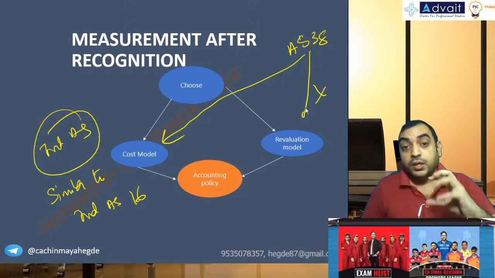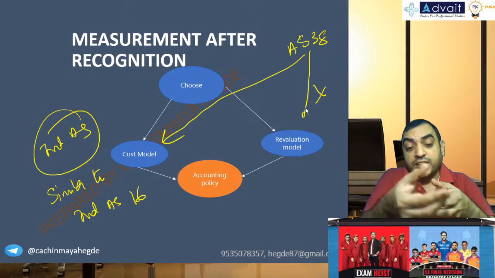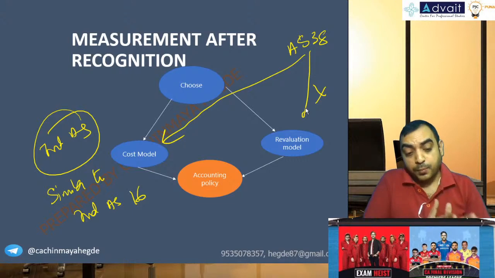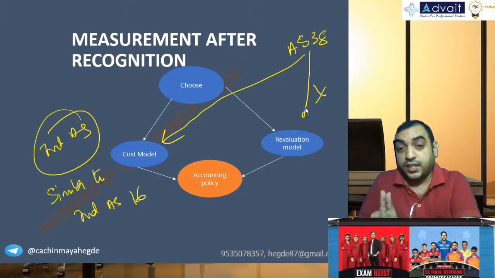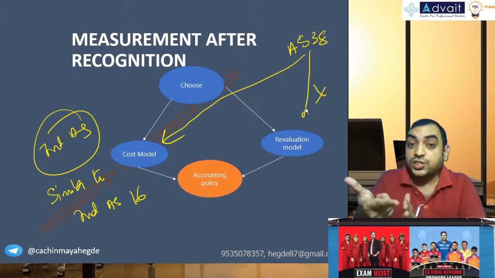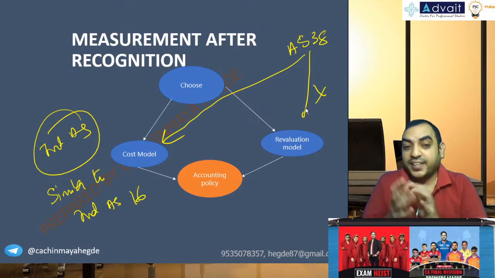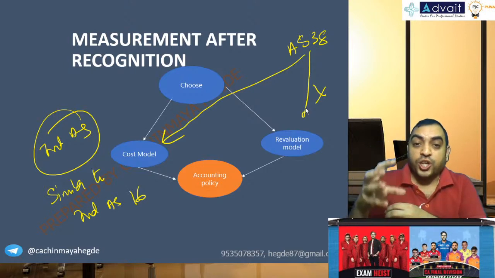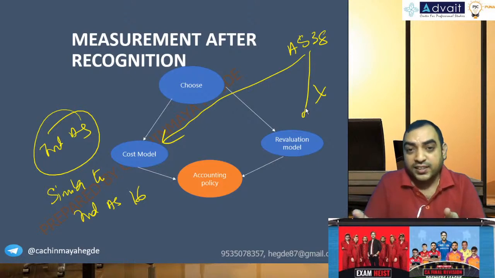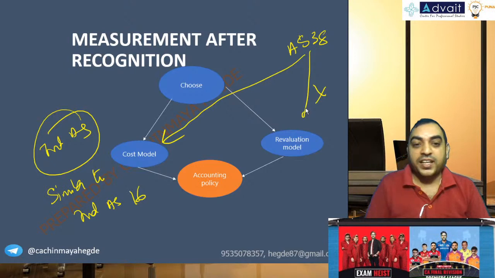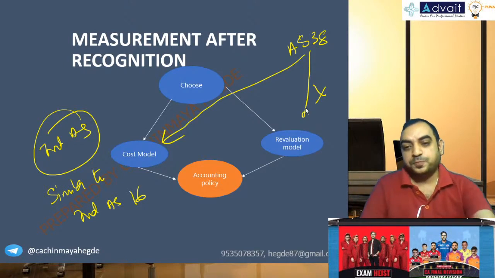AS 10 was also old, but AS 10 is revised, which is the same as Ind AS 16. But Ind AS 38 is there, while AS 26 is not revised. Therefore, the differences between cost model and revaluation model are all applicable to the difference between intangible assets as per AS 26 and as per Ind AS 38.